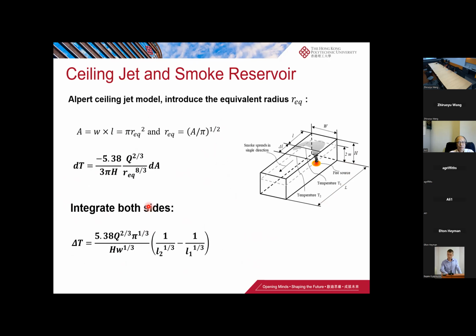But here we need to introduce something, because this is a confined ceiling: smoke will be confined in this channel and spread in one direction within the rectangular channel. So what we did here is introduce an equivalent radius, REQ, to replace the radius R, making sure the area covered by smoke on the ceiling is equal.